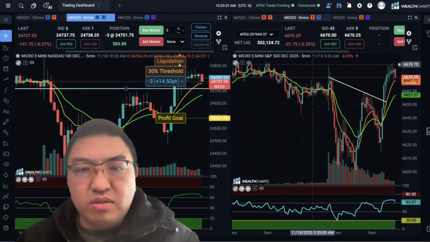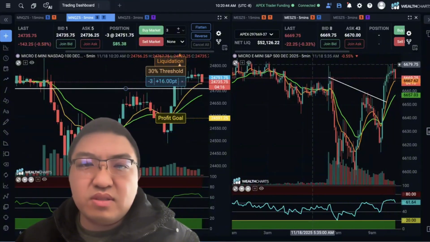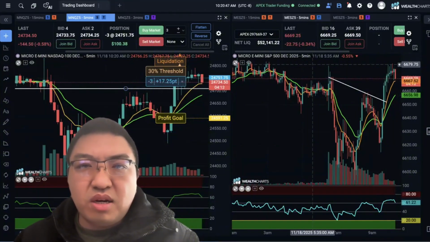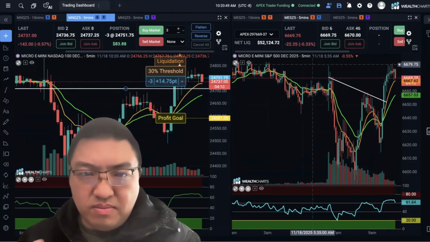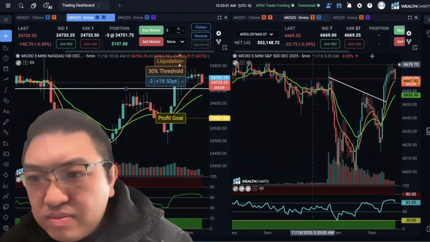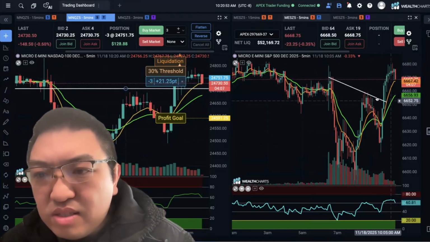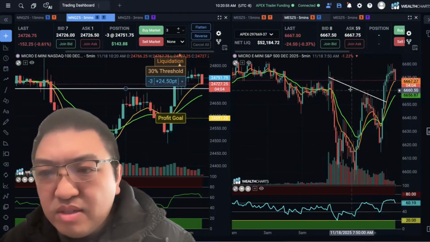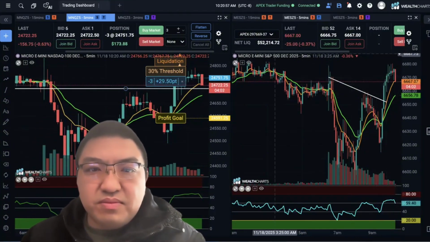It's too early to talk about take profit. Oh, can you break out? Lower low? Come on, lower low. Give me the lower low. So this is, yes, trying to break out the EMA 9.